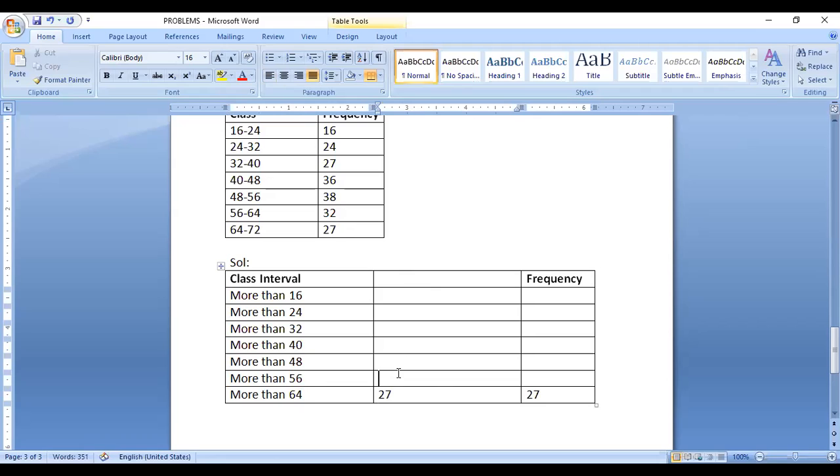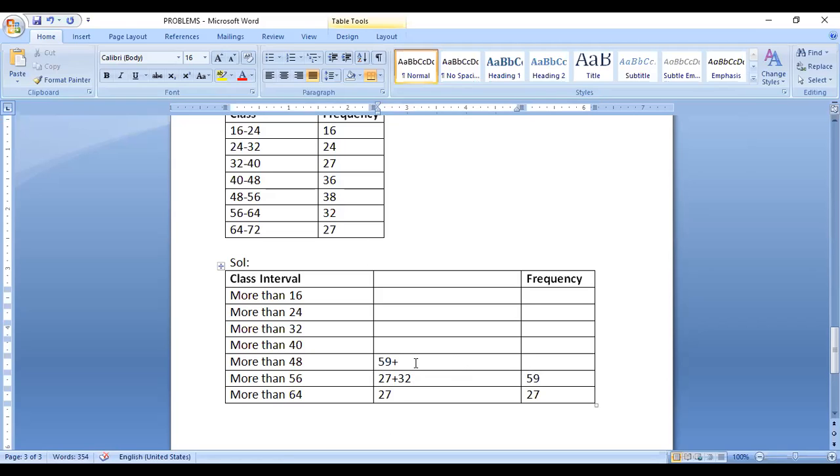Next one, 27. In 56 to 64 you can see 32 are there. So this 27 plus 32 we have to consider. So 27 plus 32, it will be 59. Then next one, this 59 plus 38.